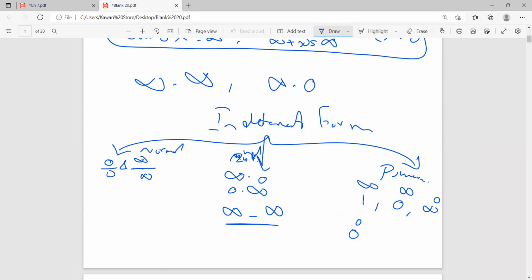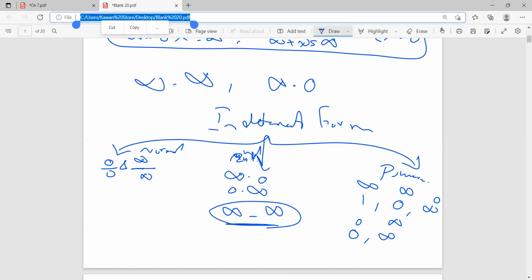Also 0 to the power 0 or infinity to the power infinity. These are also indeterminate forms, and we can label them as power indeterminate forms. Understood? So the first one is easy, it's common, we can solve it. The second needs a little bit of work. Maybe in that case we need to multiply by the conjugate, or we use factoring.